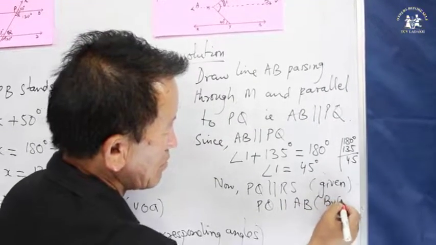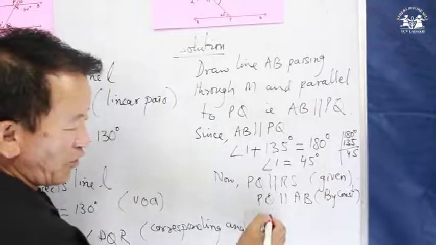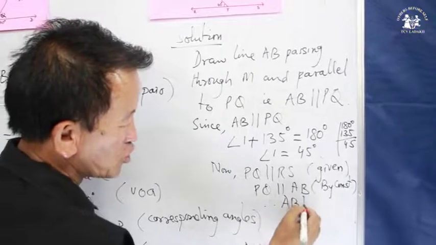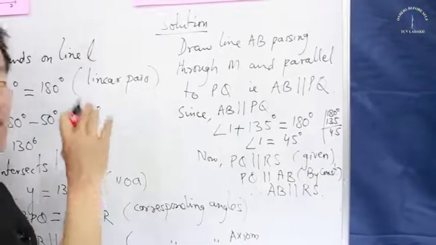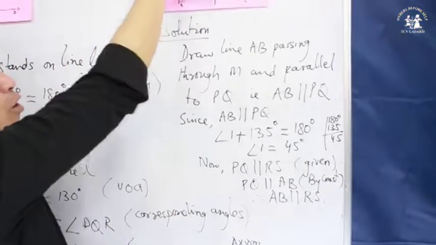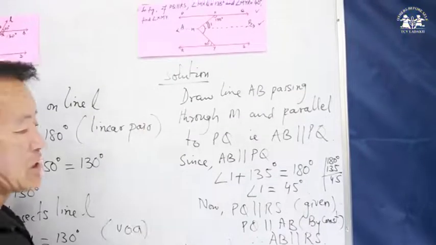We made them parallel by construction. So therefore AB is also parallel to RS, which means two lines parallel to the same line will automatically be parallel to each other.